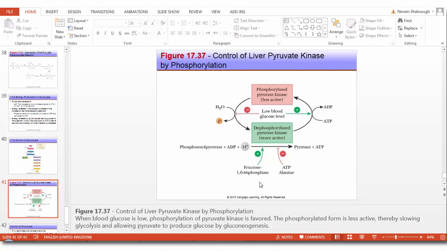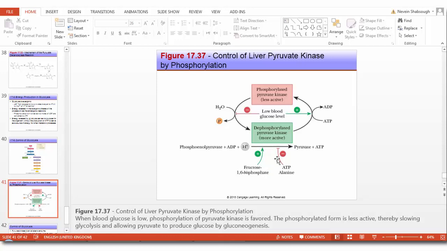So a high level of alanine indicates a high level of pyruvate, which means making more pyruvate can be shut down. And it is also activated by the sugar phosphate fructose 1,6-bisphosphate, so that the incoming products of the first reactions of glycolysis can be processed.